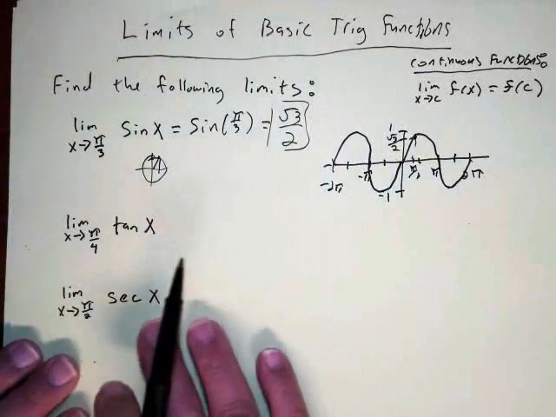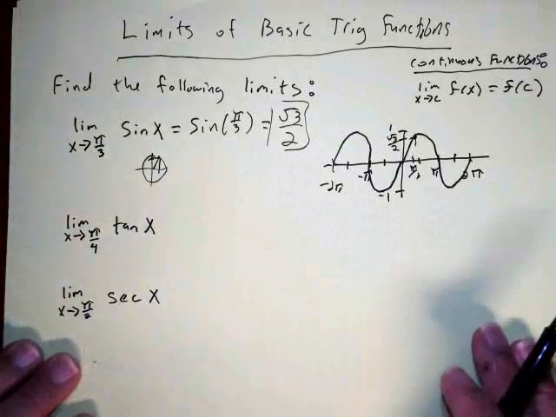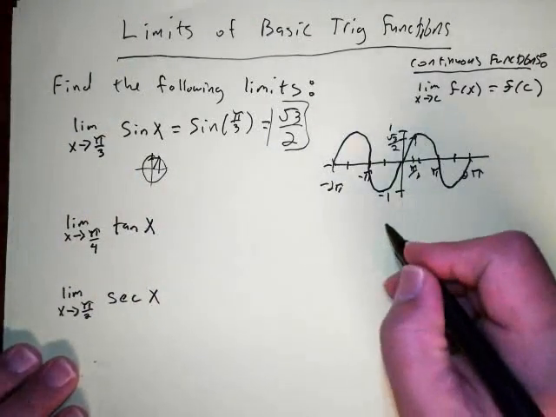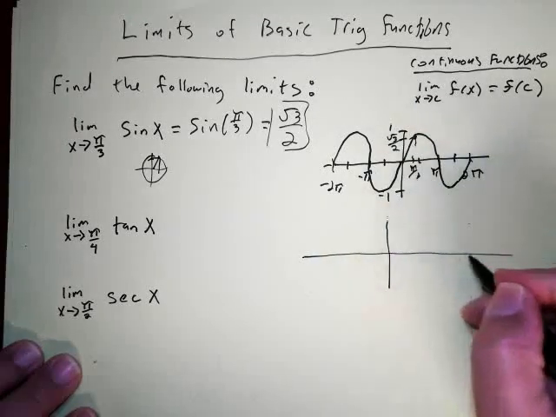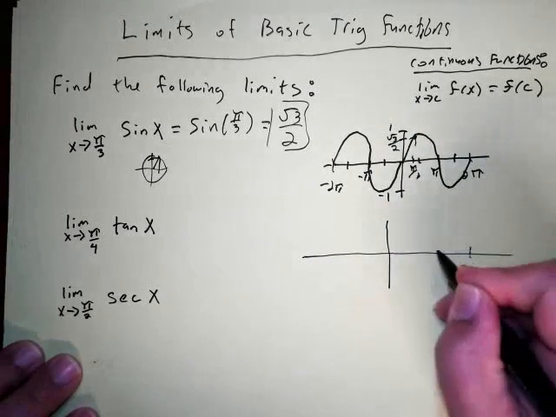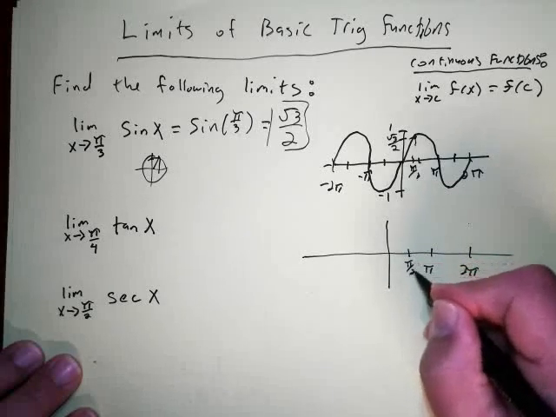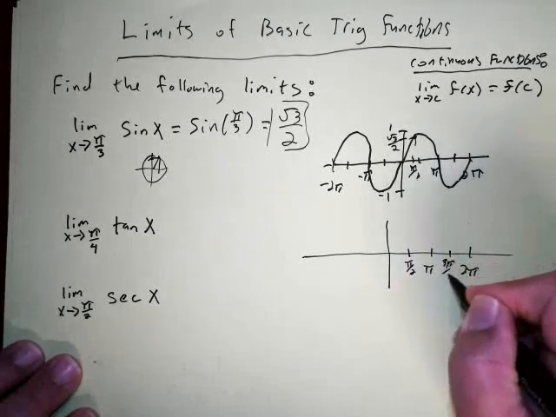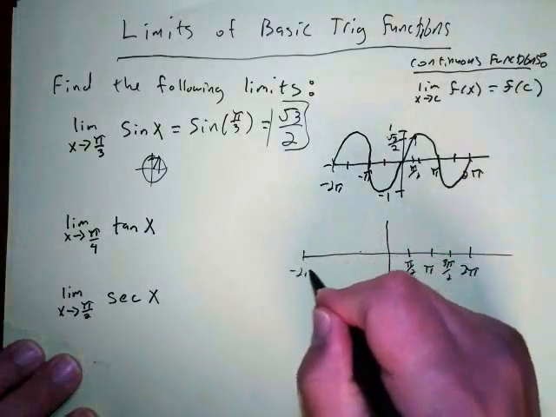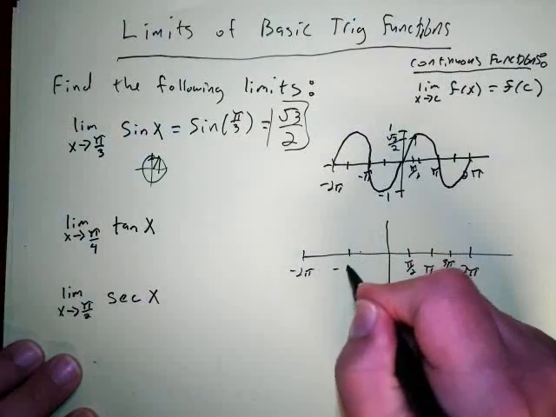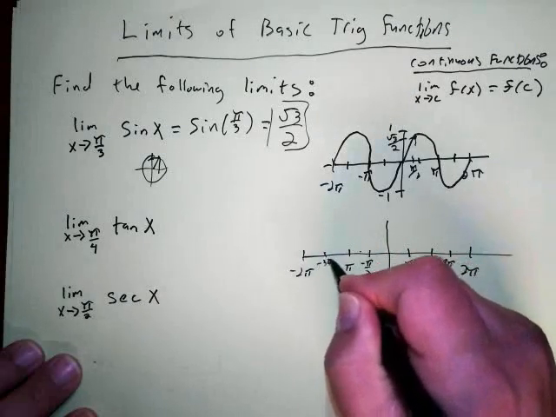Now tangent and secant and cosecant and cotangent, you do have those asymptotes where the function's not defined. So let me graph tangent here. So here's 2 pi, here's pi, this is pi over 2, 3 pi over 2. And then this is negative 2 pi, negative pi, negative pi over 2, negative 3 pi over 2.